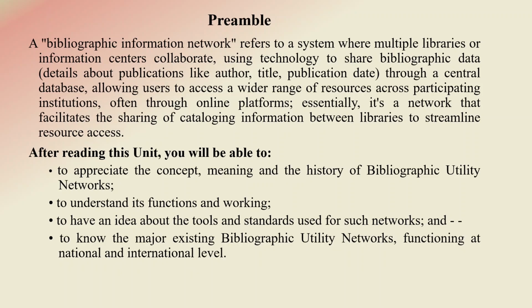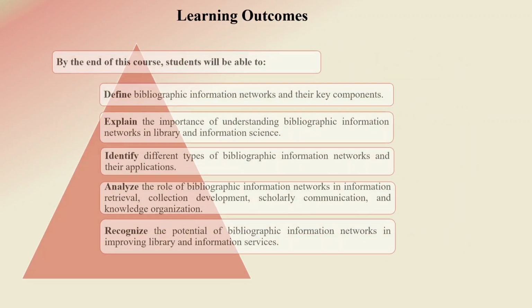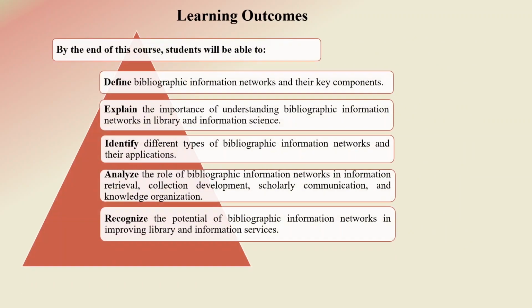So learners, what will be your outcome of this course? By the end of this course, you should be able to define bibliographical information networks and their key components. You should be able to explain the importance of bibliographical information networks in library and information science. You can identify the different types of bibliographical information networks and their applications.